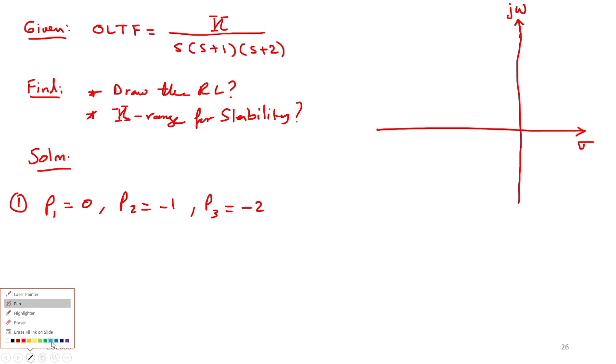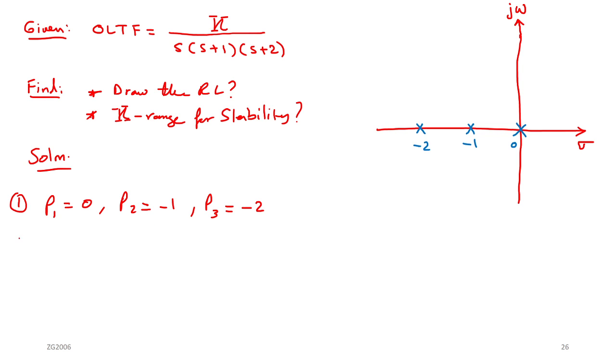Let me use blue and locate the poles. We mark a pole as an X, and if we have a zero, we mark it as a circle. So we have X at 0, -1, and -2. Good. So in rule number 1, locate all the poles and the zeros.